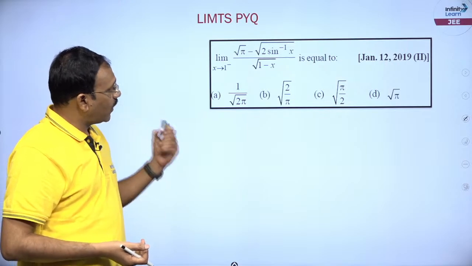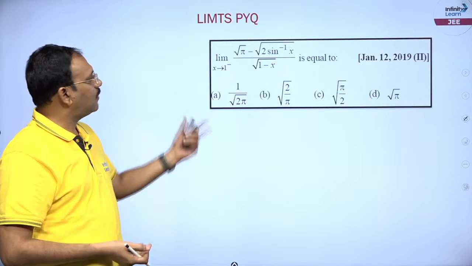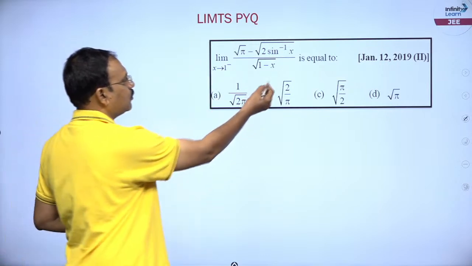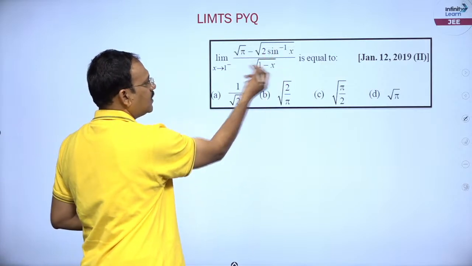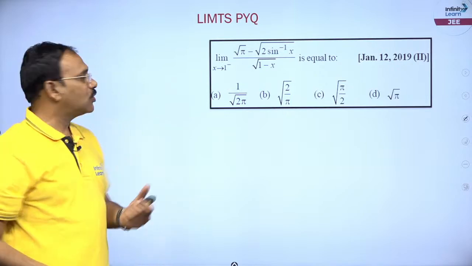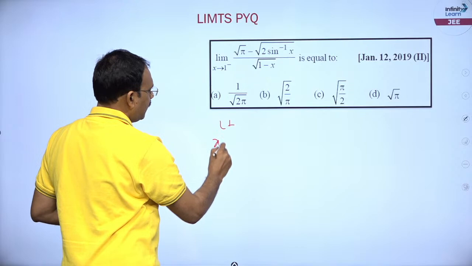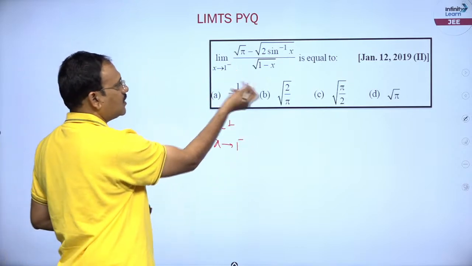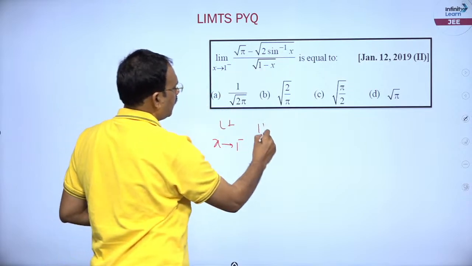limit x tends to 1 minus, okay, because 1 plus sin inverse x is not defined. Now if you just put sin inverse 1 is pi by 2, so this becomes pi minus pi, 0 by 0. So what we can do is rationalize the numerator, limit x tends to 1 minus, its rationalizing factor is root pi plus root of 2 sin inverse x, a square minus b square.